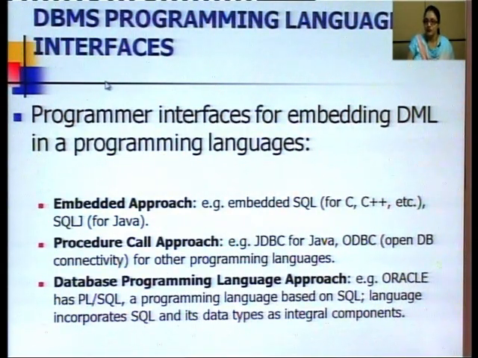DBMS programming language interfaces include the embedding of DML in a programming language. In database programming languages, the programmer interfaces are used for associating the data manipulation languages with the programming languages. For example, we have the embedded approach, such as embedded SQL, which is used for C and C++, and SQLJ, which is used for Java.